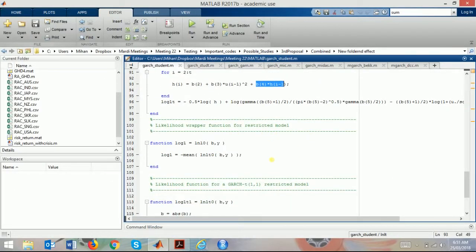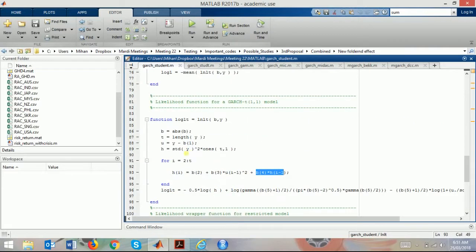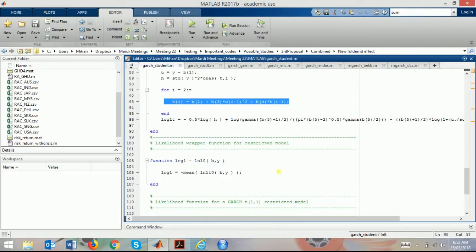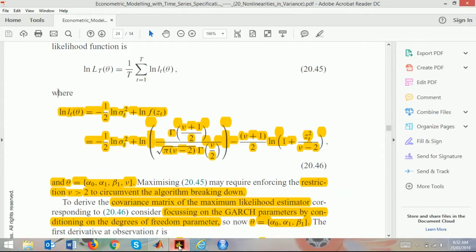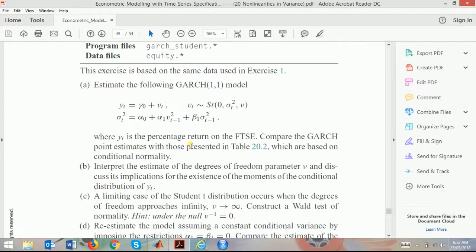Then for the restricted model, our parameters will drop slightly. We have to repeat everything as it is. It's just h changes, where the variance is the variance when alpha and beta are 0. Let's go to the question. We are on page 49.